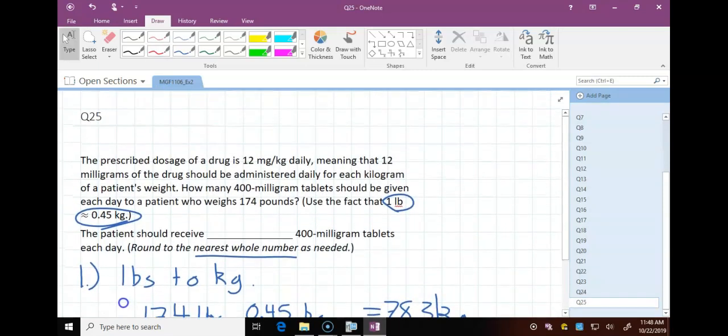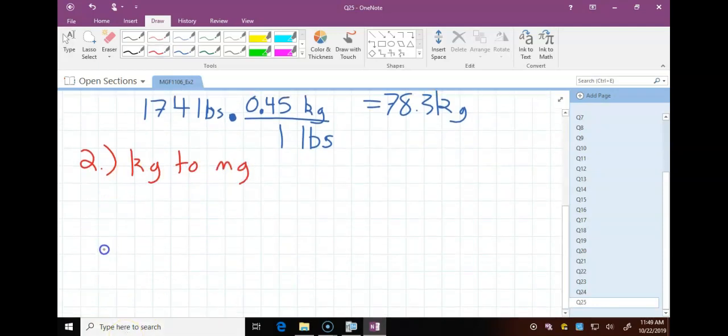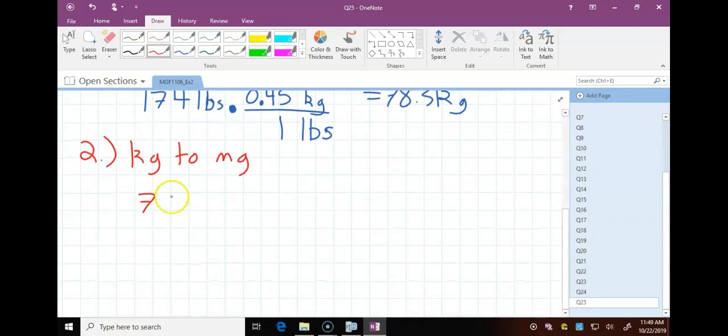And this little fact that's right here is another unit fraction. So we need to convert kilograms to milligrams now with that conversion that they gave us. So we know our patient is 78.3 kilograms.